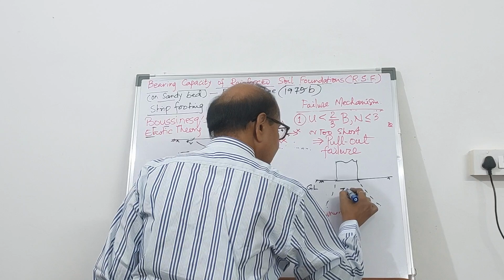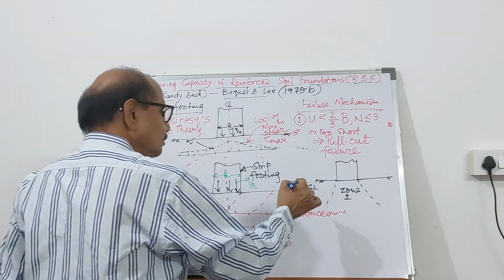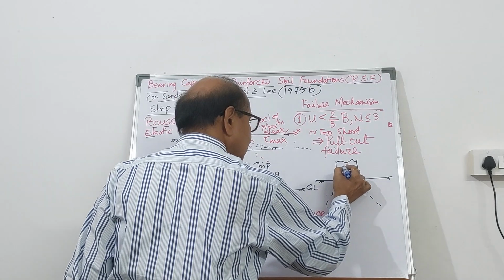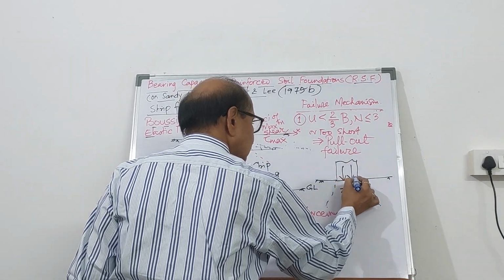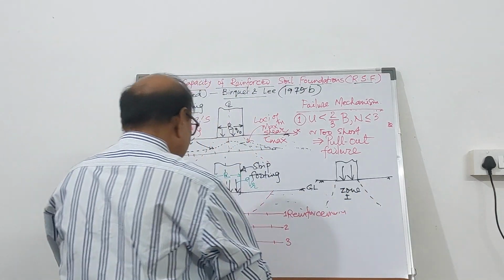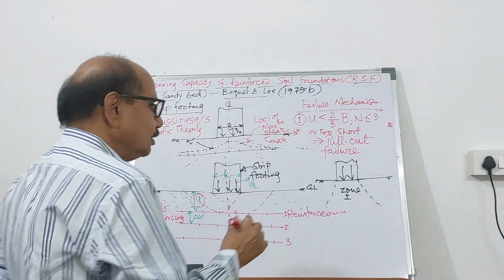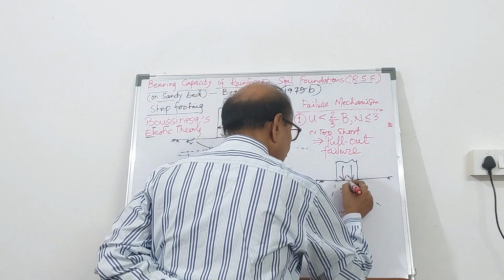This is zone 1. In zone 1, the soil is going to move in the downward direction. So the direction of movement of the soil mass is going to be vertically down.